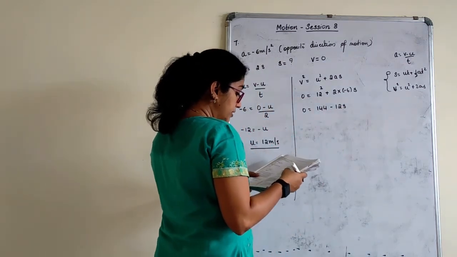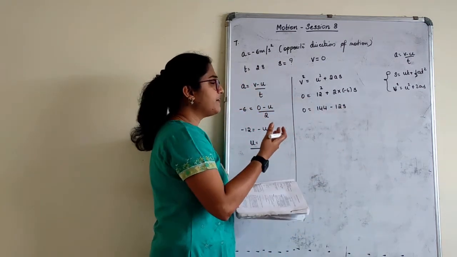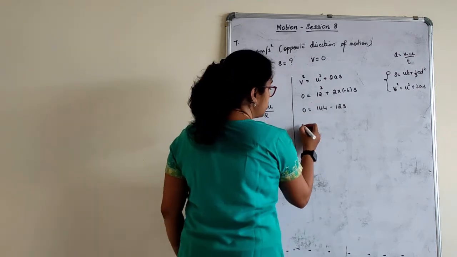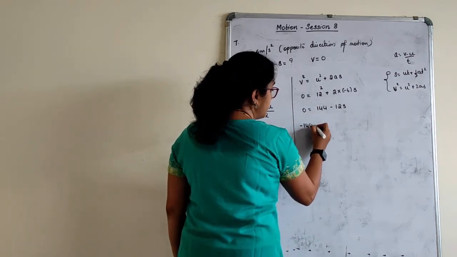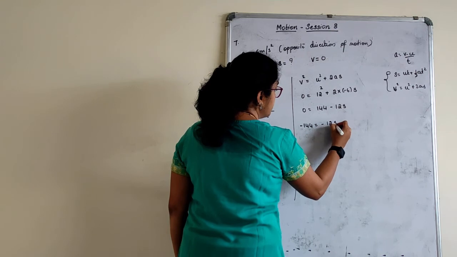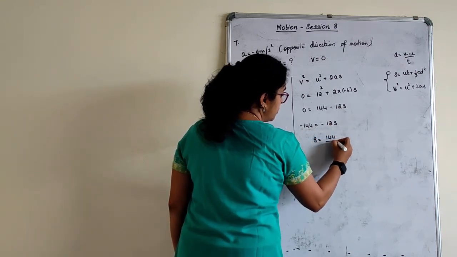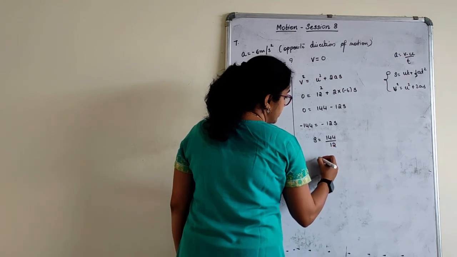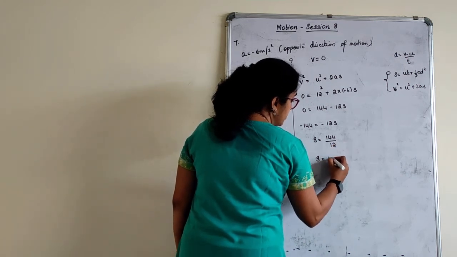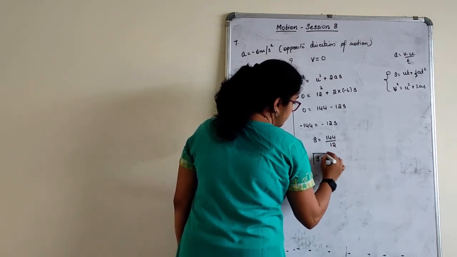See, in the book they have used S is equal to ut, I have used this. Both will give the same answer. Shift this side. Minus 144 is equal to minus 12S. Minus and minus will get cancelled. 144 divided by 12. 12 ones are 12, 12 twos are 24. S is equal to 12 meter.